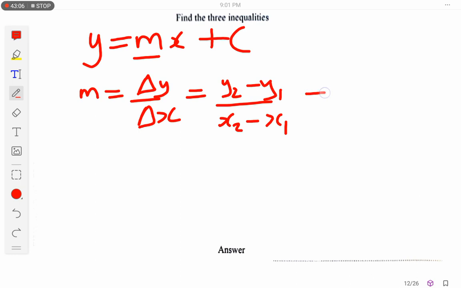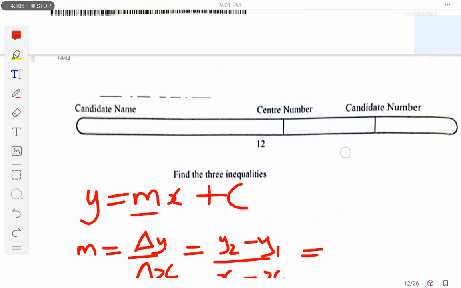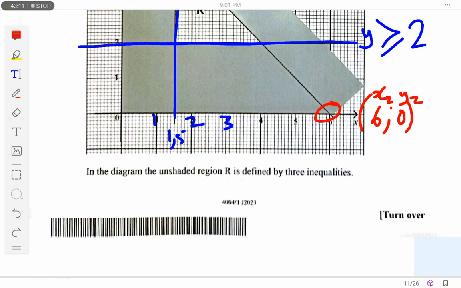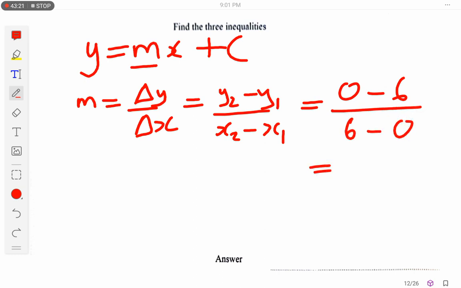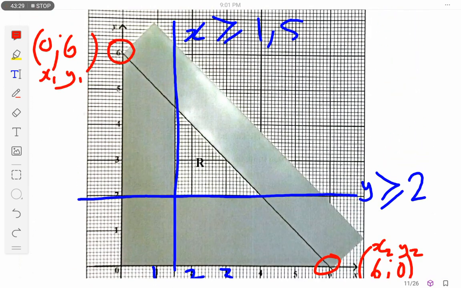My y2 was 0, so I have 0 minus 6 there, y1, over my x, which is 6 minus 0. So you find out I'm having minus 6 over 6. So our gradient is minus 1.